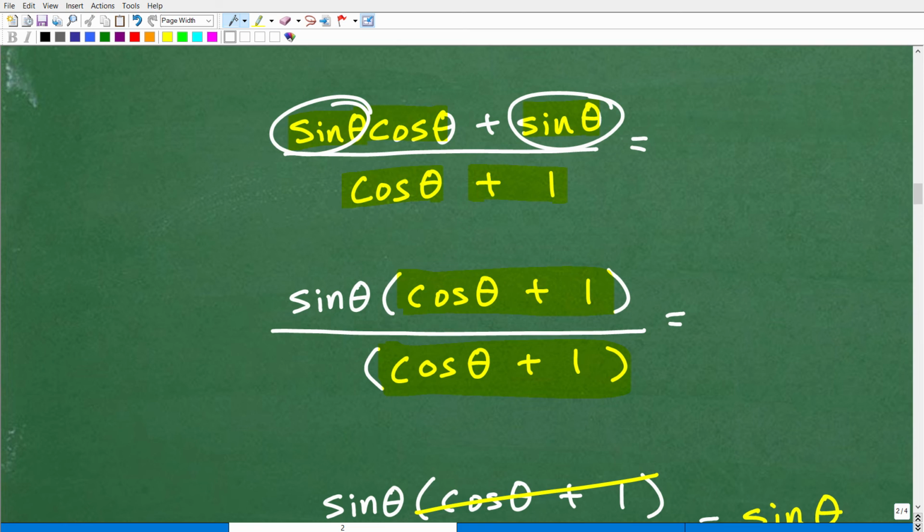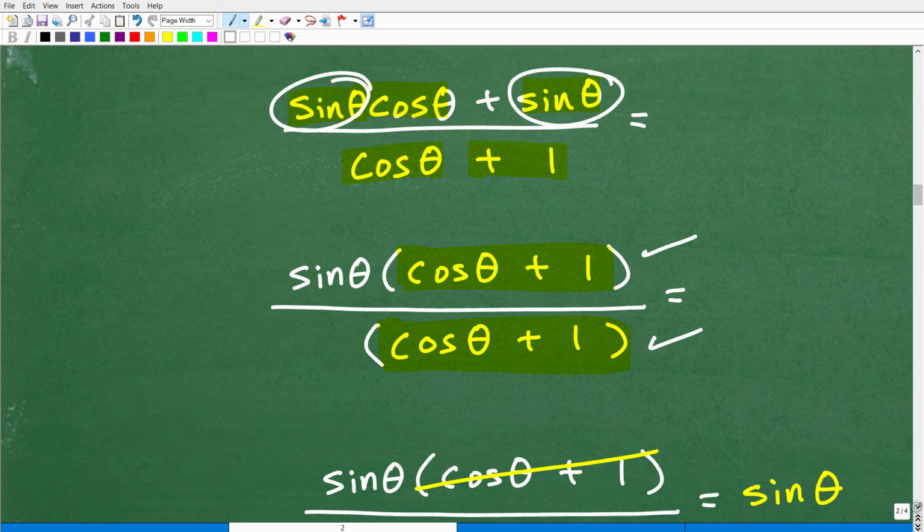I'll tell you a little bit of a trick or a hint. Anything you have, like an expression down here, and you're getting close to the end of the problem, start looking for ways to find that same expression up in the numerator, so you can cross cancel. And oftentimes you're going to have to factor out some sort of greatest common factor to get that same expression, because look how awesome this is.